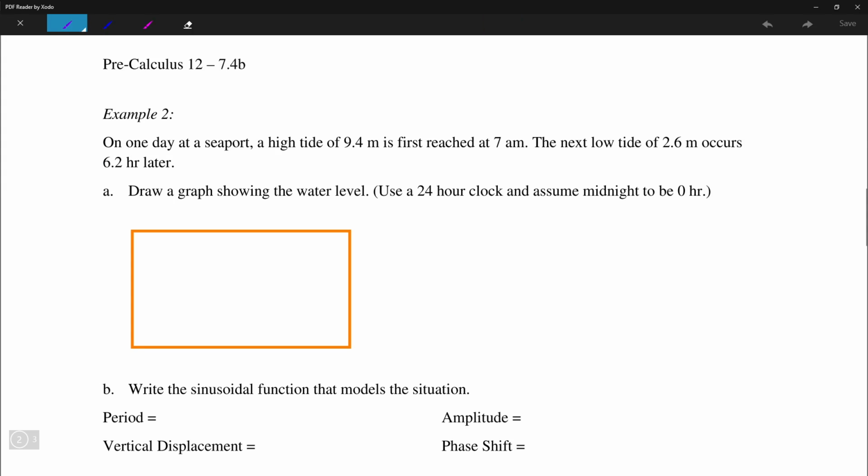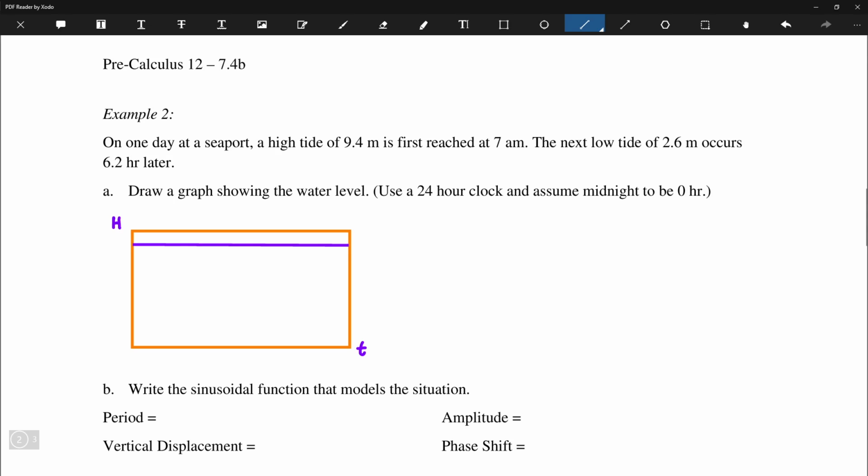So in this case, the horizontal variable is going to be time once again, just like before, and the vertical one is going to be the water level, and we'll just call it height, so H for height. Okay, so we know that the high tide is at 9.4 meters. Go ahead and draw that in.